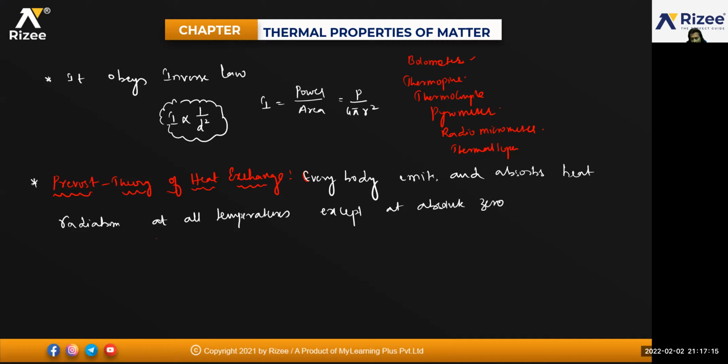What is that? Minus 273 degrees centigrade. So every body emits and absorbs heat radiations at all temperatures except at absolute zero is the theory given by Prevost, called Prevost's theory of heat exchange. Clear? It depends upon the temperature and it is independent of the surroundings.